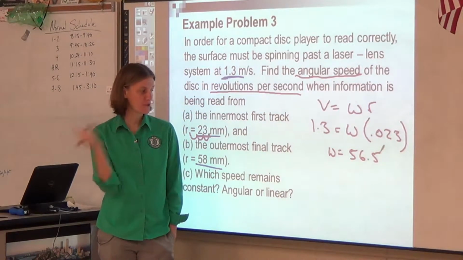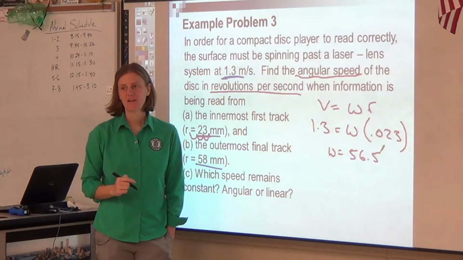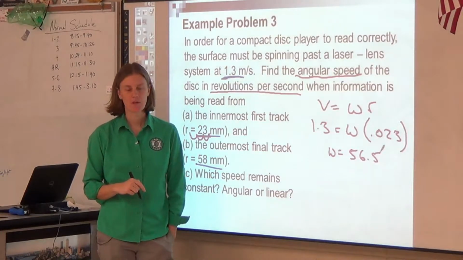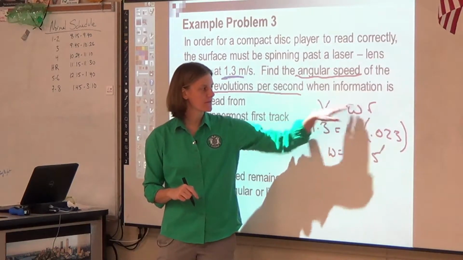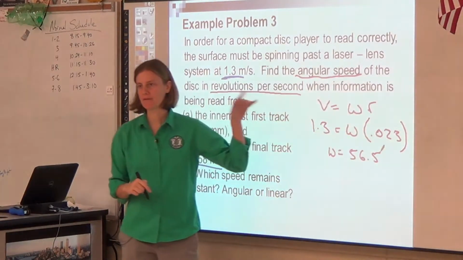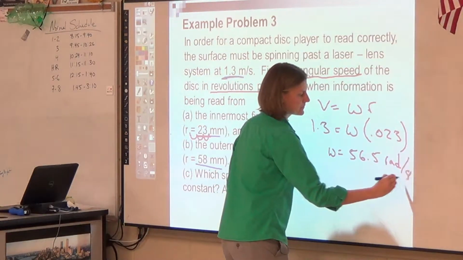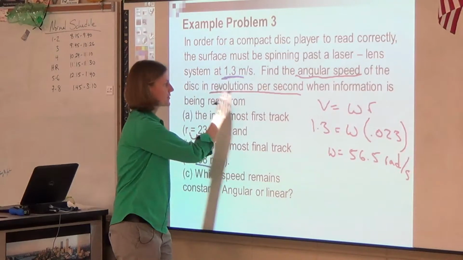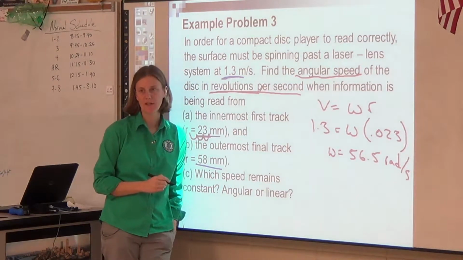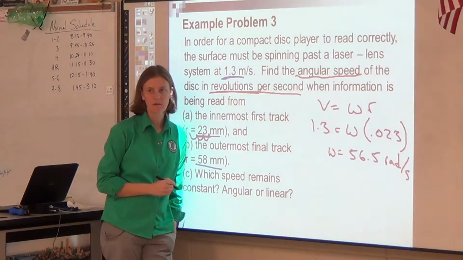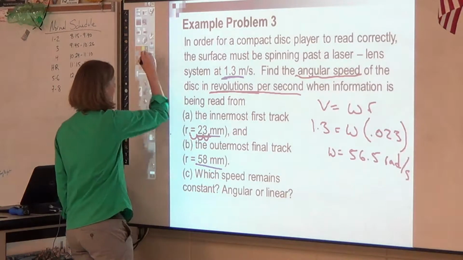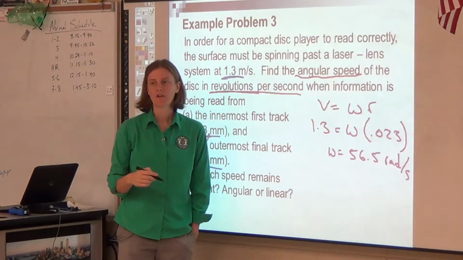And you can see part A has the smaller radius, 23 millimeters, where part B has the larger radius. If we're going to multiply radius times angular speed and get the same 1.3 meters per second, then the smaller the radius, the bigger the angular speed would have to be.